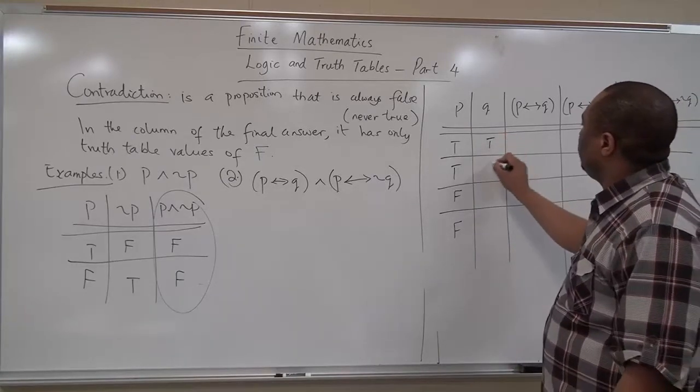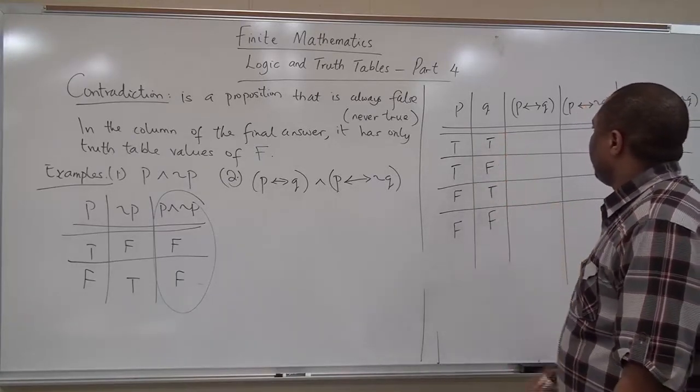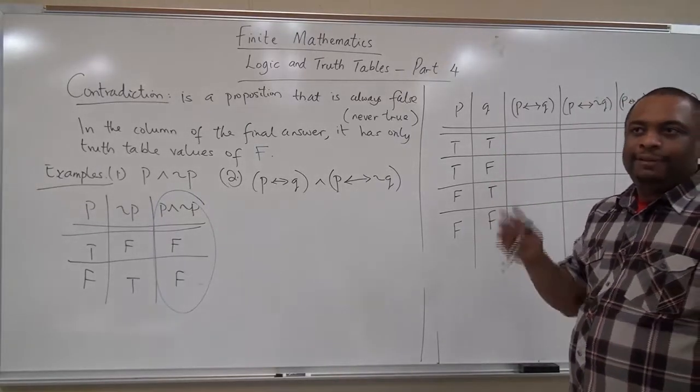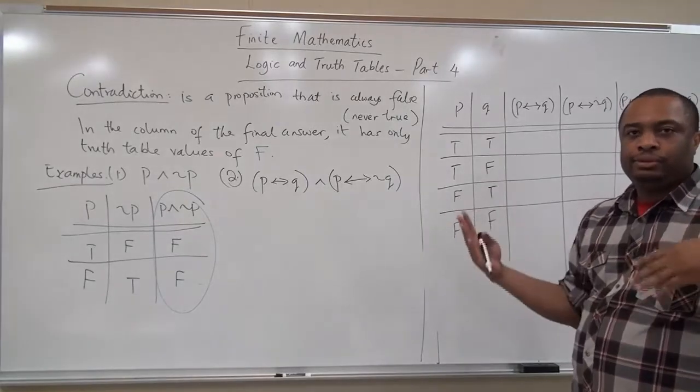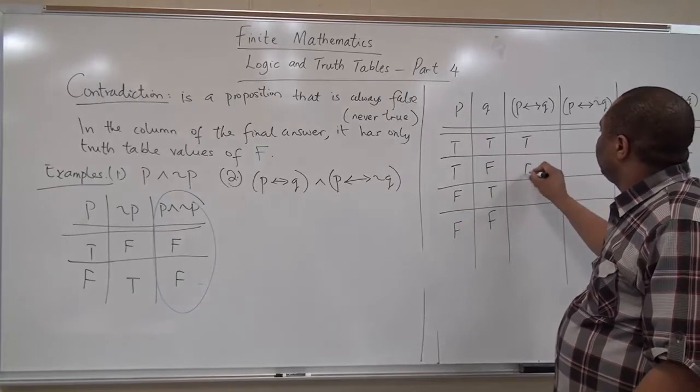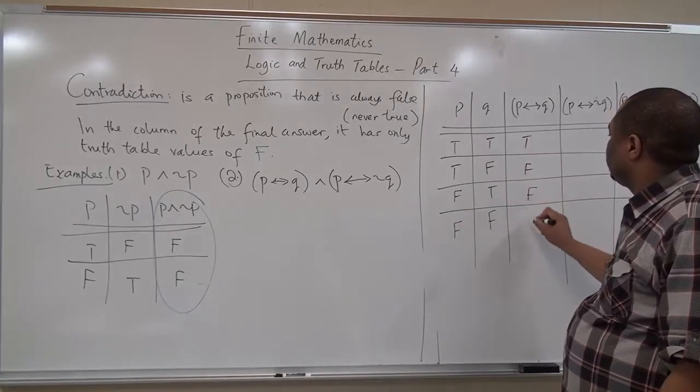And this is true, false, true, false. So the biconditional is only true if it's true, true, or false, false. Otherwise, it's false. True, true is true, true, false is false, false, true is false, false, false is true.